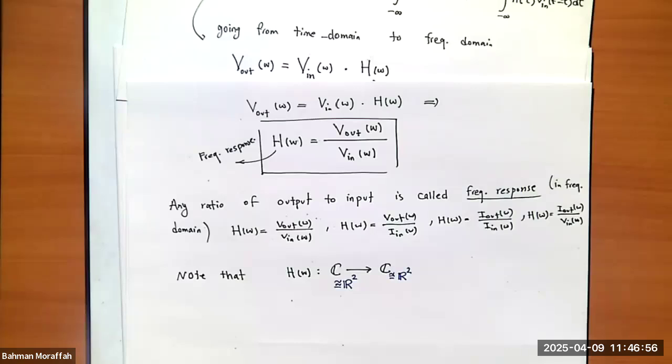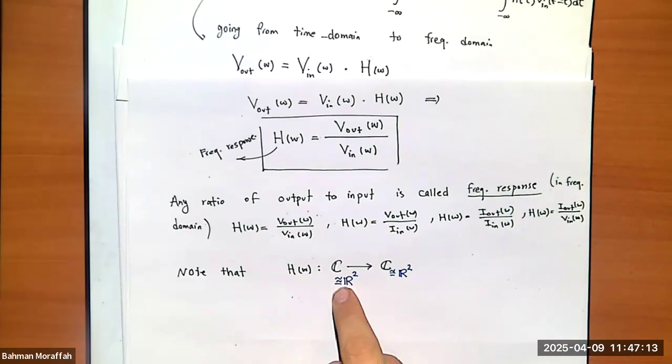It's happening in R4. Remember, if you have a function y equals f of x, what you're plotting is the tuple x and f of x, which happens in R2. Right now, your input here is a tuple, and your output is also a tuple. So if we want to plot it, it's happening in R4, which we have no understanding of. We cannot plot anything more than R3. So we cannot really plot this.